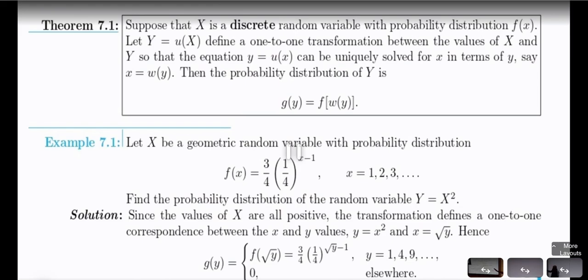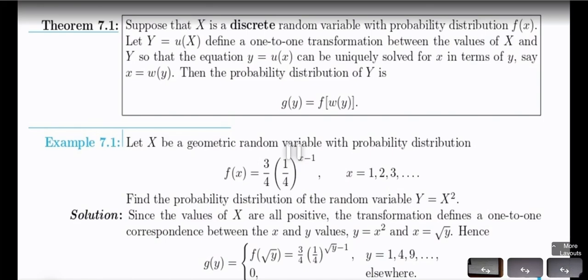As you can see in theorem 7.1, if X is a discrete random variable, and of course the probability for that is f of x, and if we define a new variable Y, which is a function of X, and that we define what I call a one-to-one transformation between the values of X and Y. Now, if I'm seeking to get a new function, the probability of Y, that's a new variable, I'm actually going to have this. Now, I'm going to walk you through an example right now.